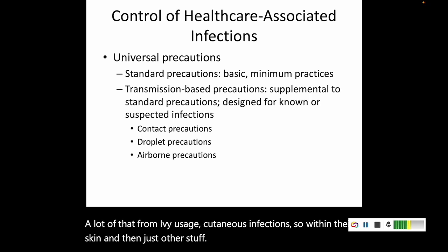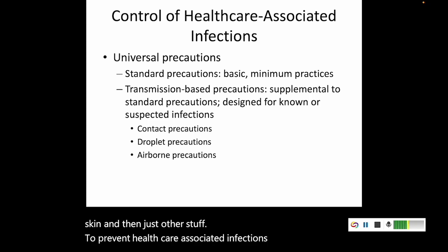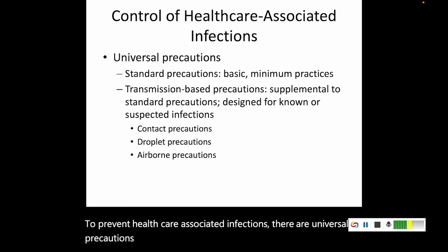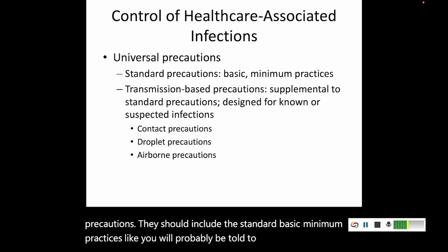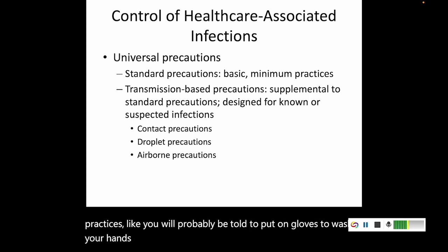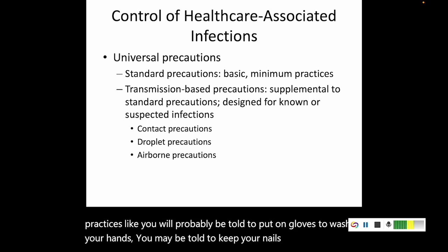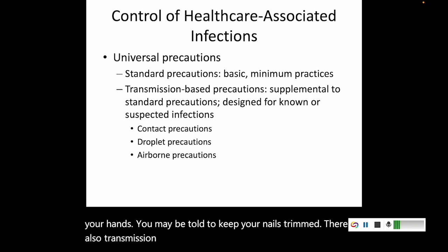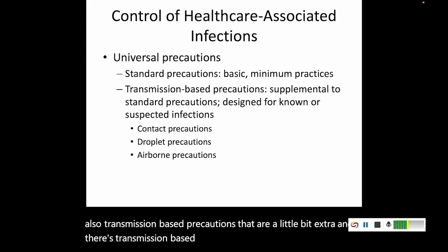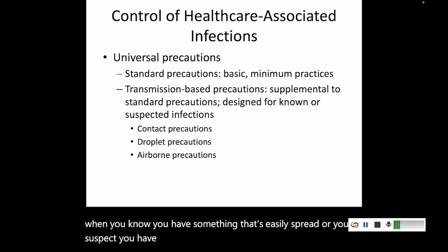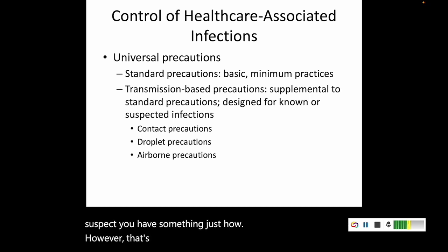To prevent healthcare associated infections, there are universal precautions. This would include the standard basic minimum practices, like you will probably be told to put on gloves, to wash your hands. You may be told to keep your nails trimmed. There are also transmission-based precautions that are a little bit extra, and those are going to be based on when you have something that's easily spread or you suspect you have something, however that's spread, you're going to try to stop its spread.